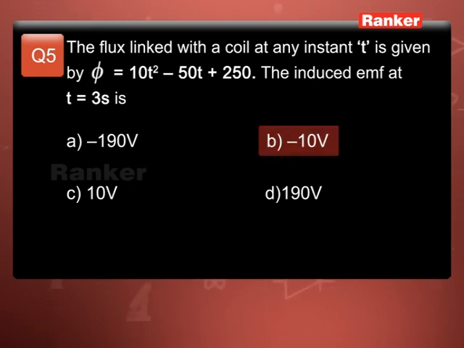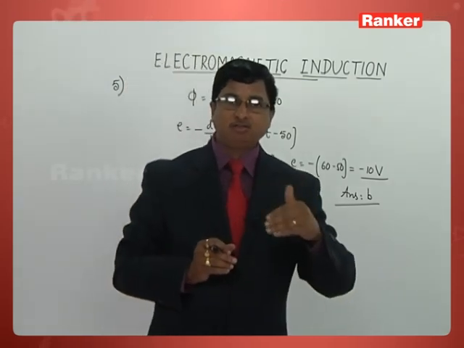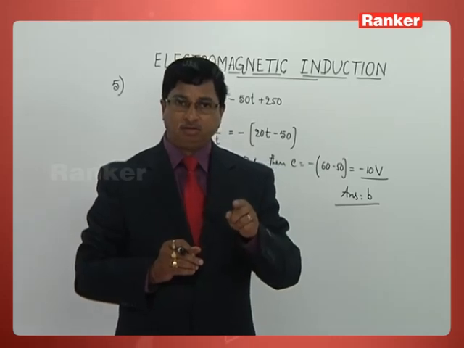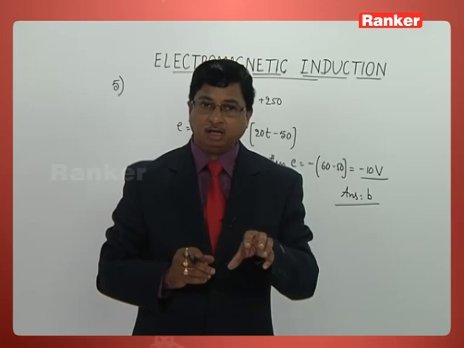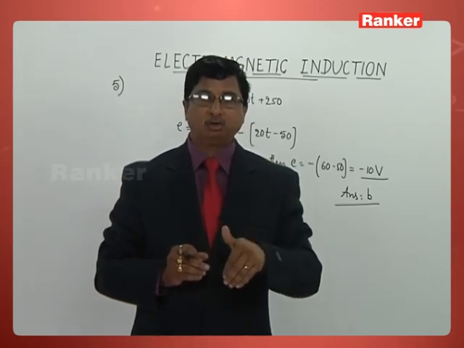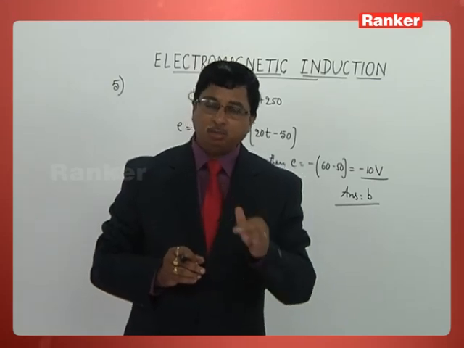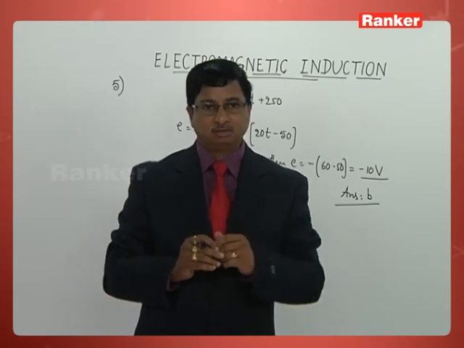So one should understand, whenever we write EMF as rate of change of magnetic flux, we should write it with its negative sign as well. Application of Lenz's law also is to be taken into consideration. Otherwise, you get the same magnitude but with a different sign. That is the point.